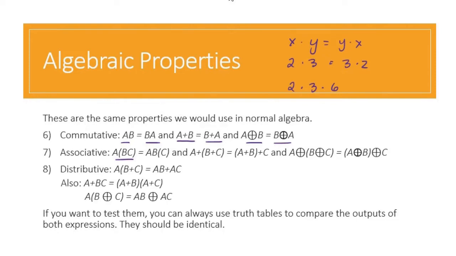So the brackets here are suggesting that we do B and C first, and then take the output there and run it through an AND gate with an input of A. But we could do it in the opposite direction, in that we could start with A and B and then run the output of that into an AND gate with C. These are identical expressions. For a given set of inputs, the output would be identical. The same is true for OR, and we can guess that because we know that the same is true for addition, and it works for XOR as well.